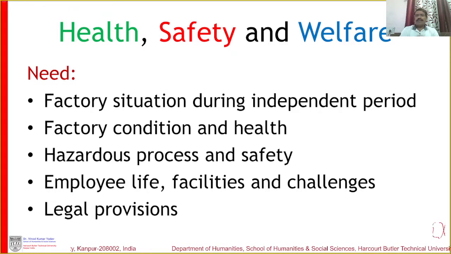Imagine and visualize the situation of factories and manufacturing industry during the independence period, in and around the 40s, 45, 48. You can understand the condition of the factories or manufacturing units.